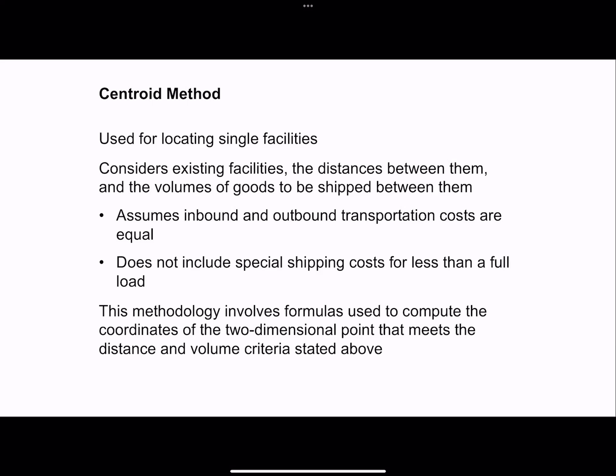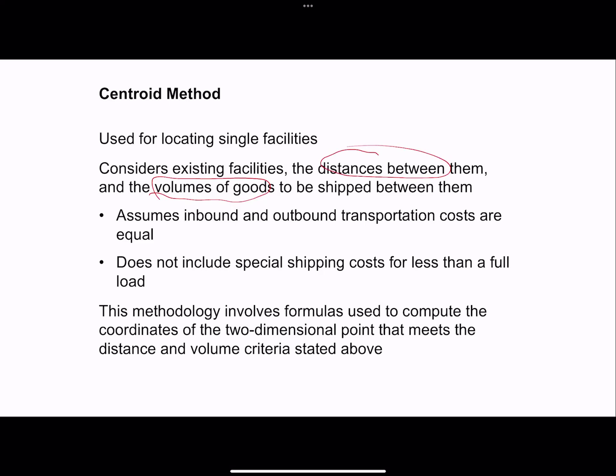Briefly speaking, this is used for locating a single facility. It considers two things: what facility locations you have right now, and the distance and volumes of goods. This is what we focus on.